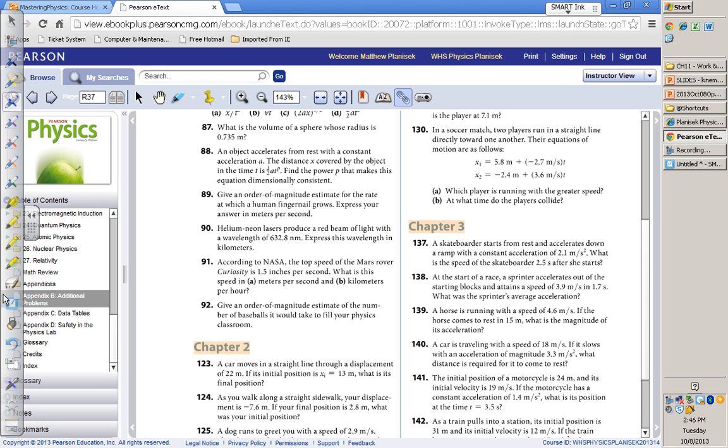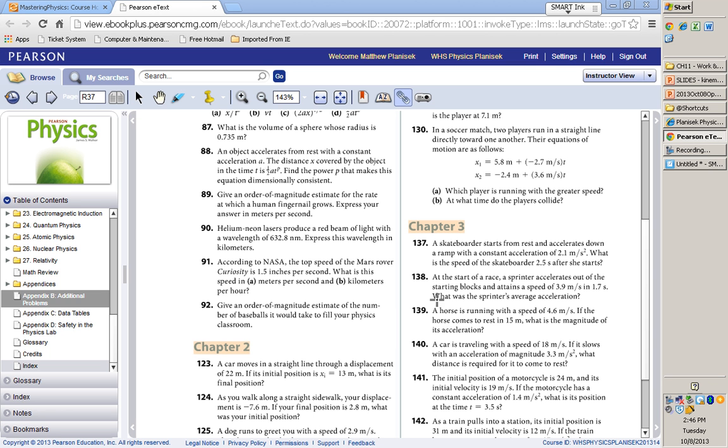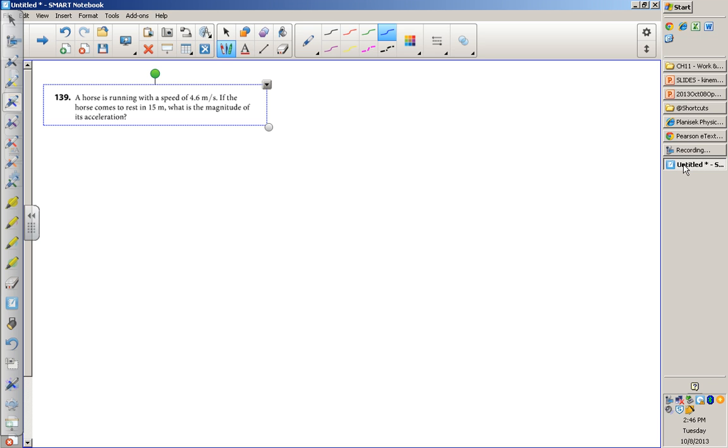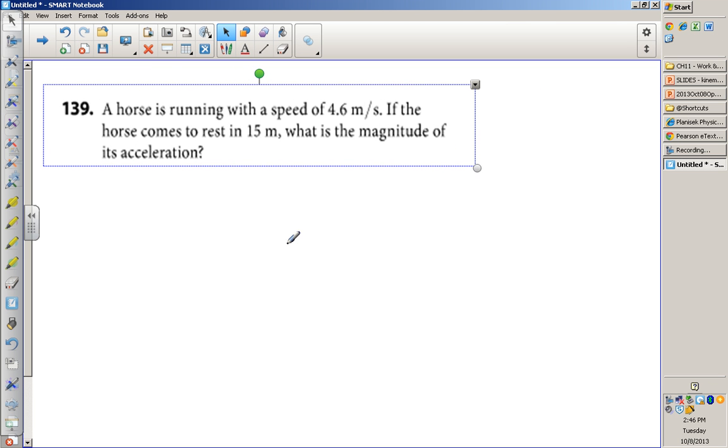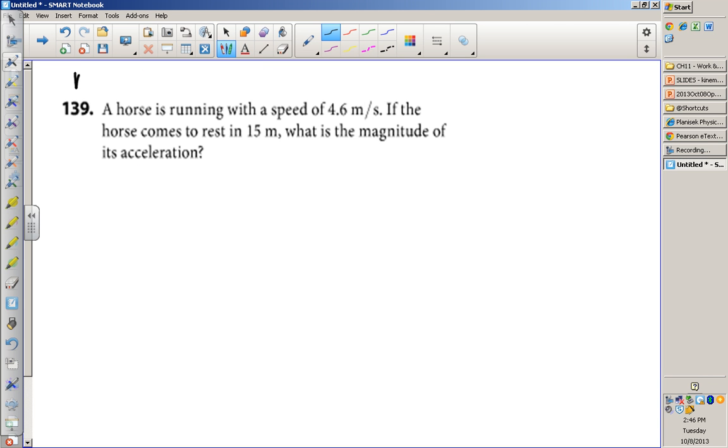Let's continue on, and let's take a look at problem number 139 on that same page, page R37. It says, a horse is running with a speed of 4.6 meters per second.